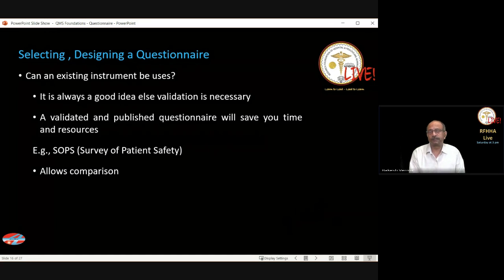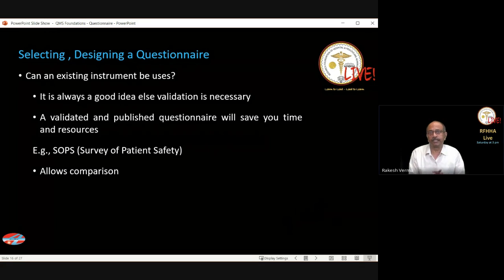But you would know that there is the Survey on Patient Safety. A validated tool is available. That validated tool will give you a far better quality of information rather than using a questionnaire that you have made. So if you are making a questionnaire, please ensure that you have validated it.